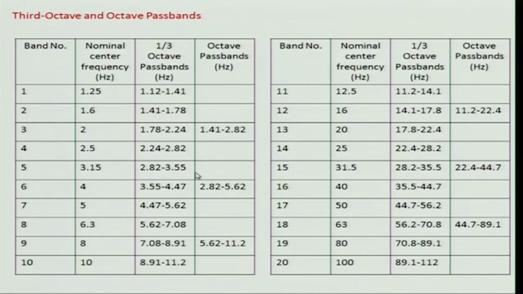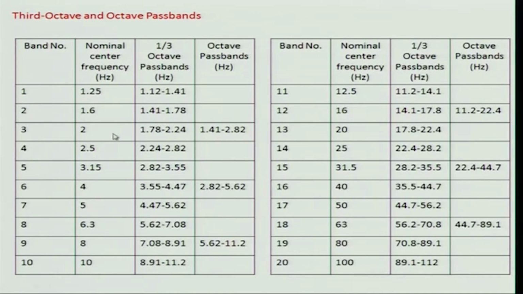Then you have two more 1/3 octave bands, then you get another octave band. Then you have some more 1/3 octave bands, then you get another octave band, and so on and so forth. So the band number starts from 1. Once you have the band number, you can calculate the center frequency, upper frequency, all that stuff very easily.